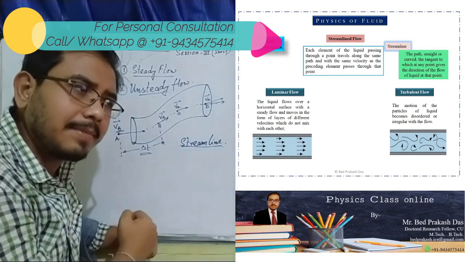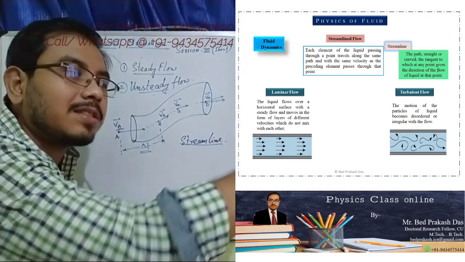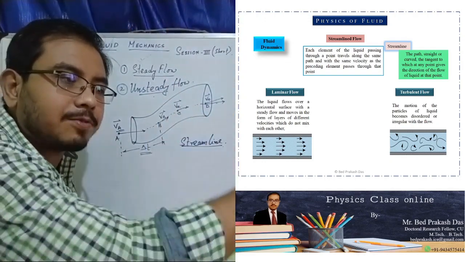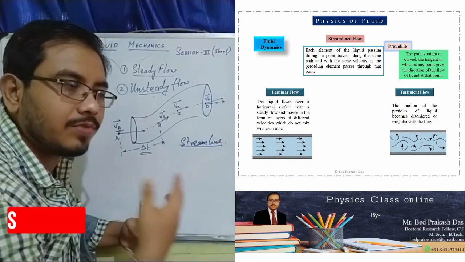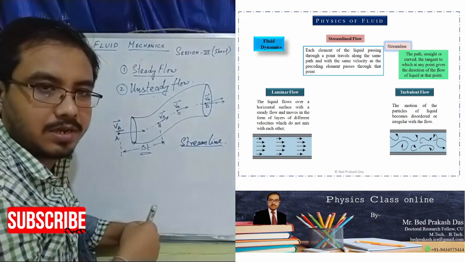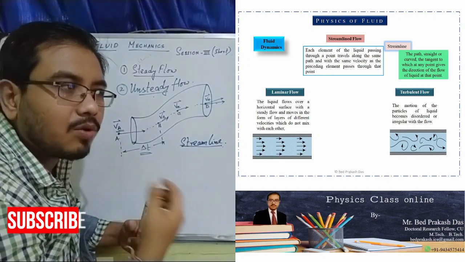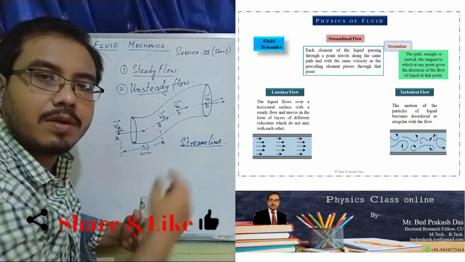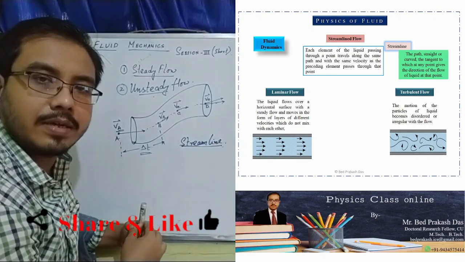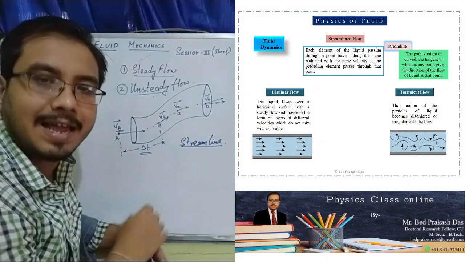In the case of laminar flow, there are several layers of fluid flowing with constant velocity, that is, steady in nature. The fluid is quite steady with a regular uniform velocity throughout its flowing area. Then it is termed laminar flow or streamline flow.